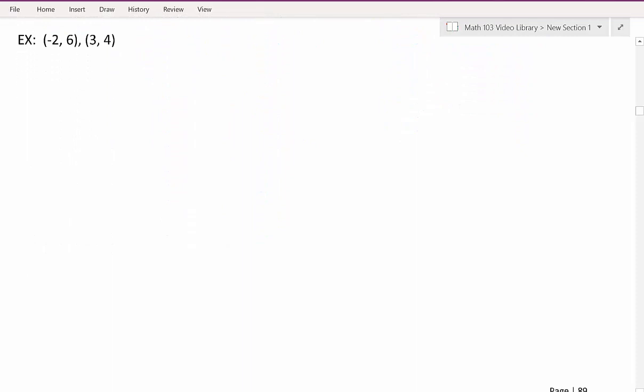Let's find the midpoint of the line segment containing these endpoints. Midpoint formula. We're averaging the x-coordinates, and we're averaging the y-coordinates.